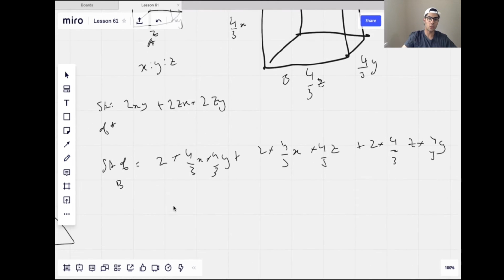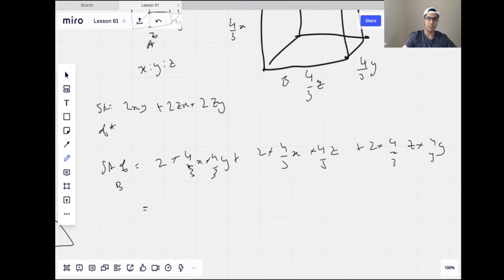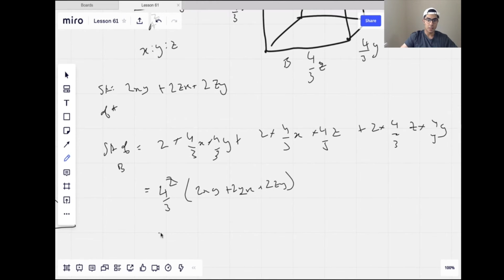If you look at what this is, it's just 4 over 3 squared times the surface area of A. If we take 4 over 3 squared out from each term, we get 4 over 3 squared times 2xy plus 2zx plus 2zy, which is just the surface area of A, times SA of A.